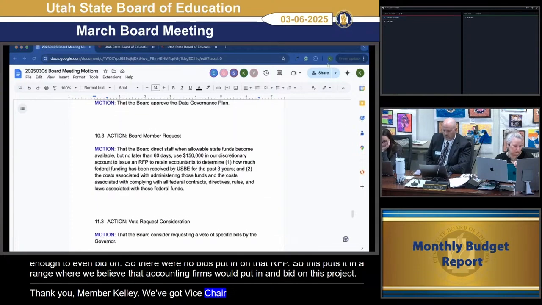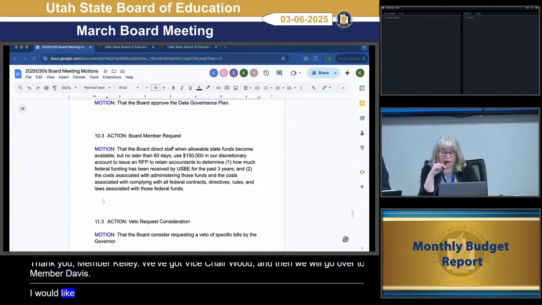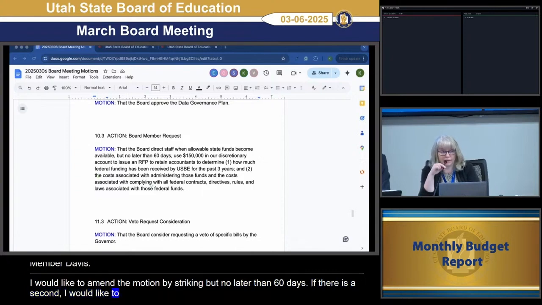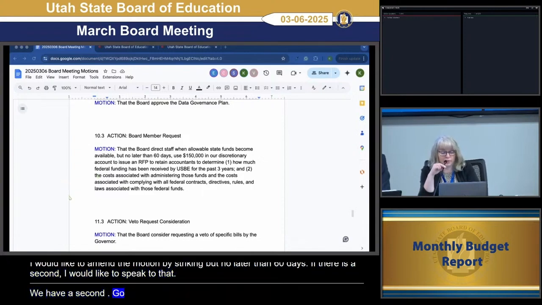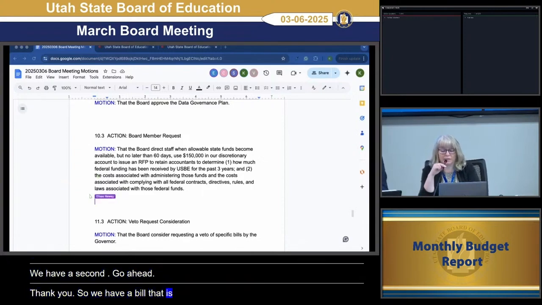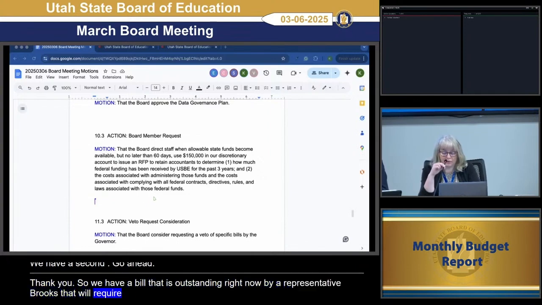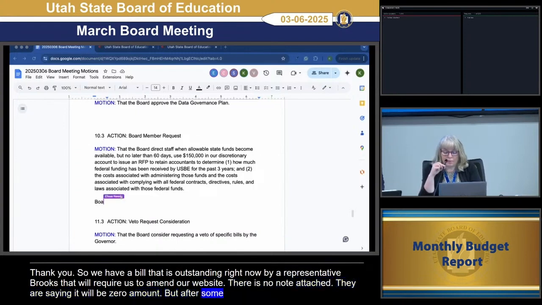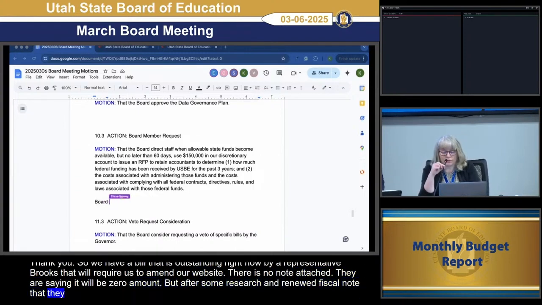Go ahead. Thank you. So we have a bill that's outstanding right now by Representative Brooks that will require us to amend our website. And there's no fiscal note attached. They're saying that it will be zero amount, but after some research and a renewed fiscal note that the LAVAs would not put on there, it could be anywhere between 100,000 to 500,000.